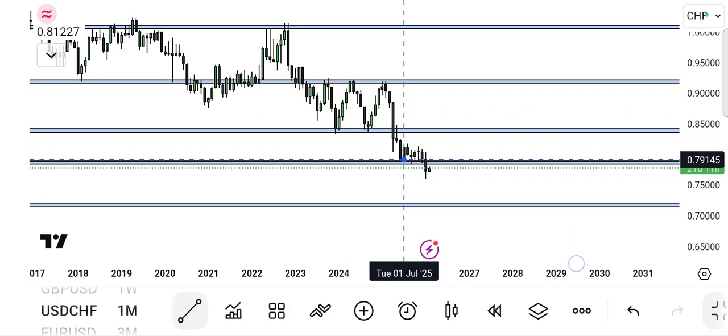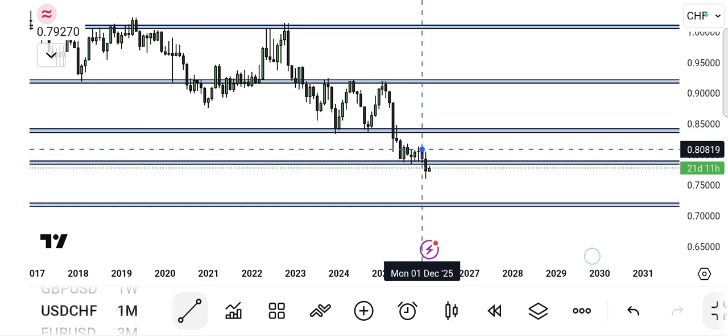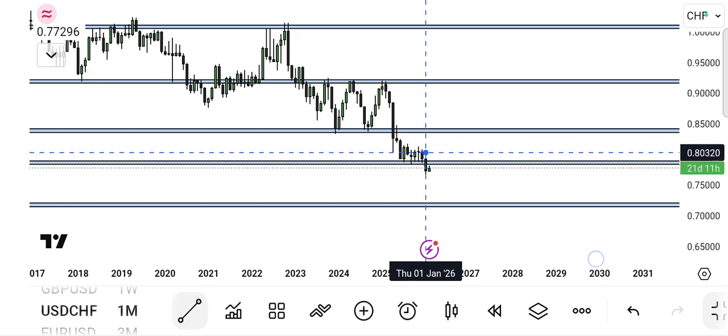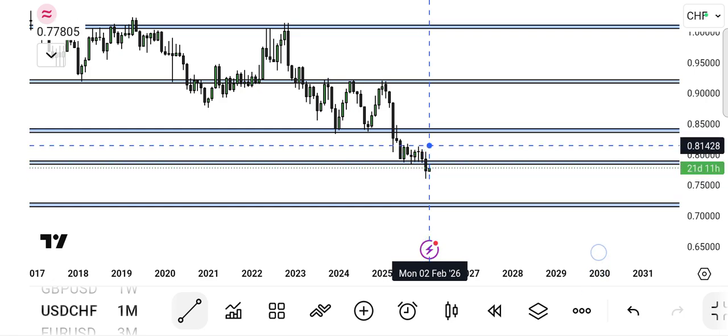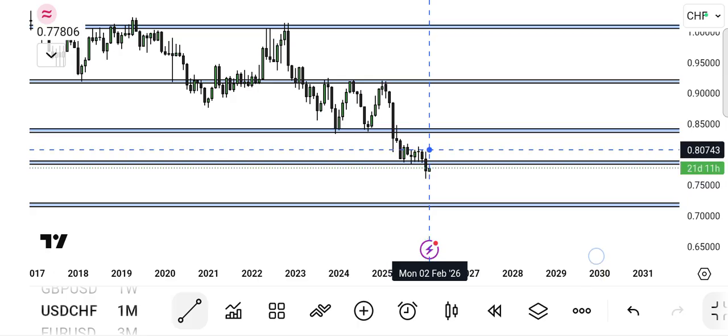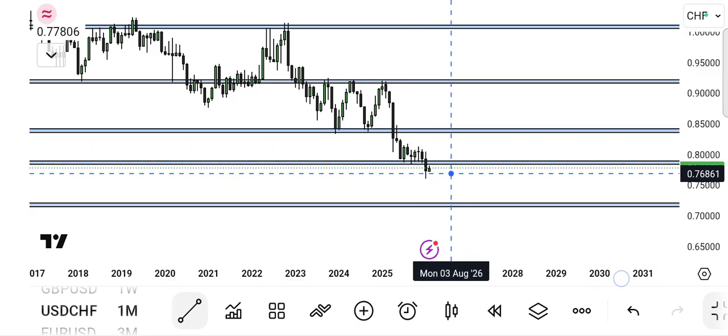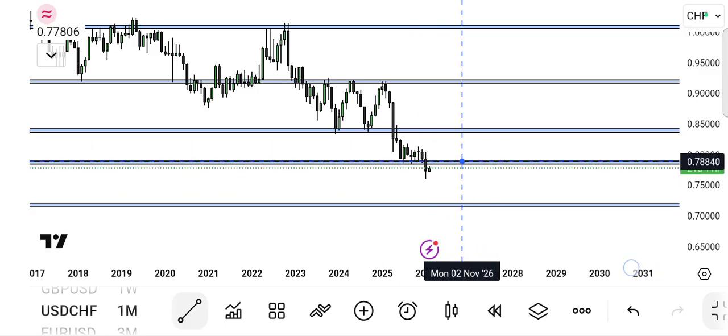Then a monthly candle broke out from this support zone that had turned into resistance.